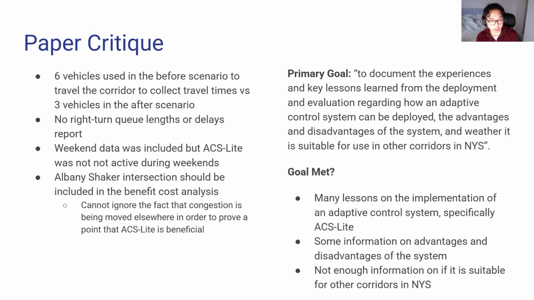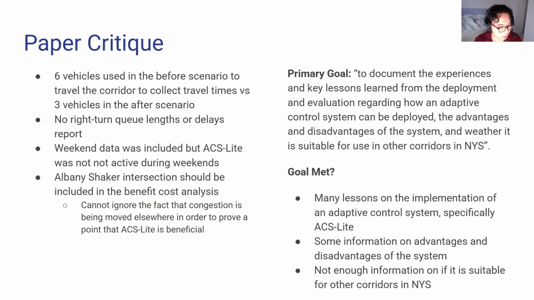And as someone that has collected travel time, I can say that especially when you're given an hour to do it, whether that be AM peak hour or PM peak hour, 6 vehicles compared to 3 is a big difference in terms of the amount of data that can be collected, especially for a long corridor where it takes a long time to travel from one side to the other. So, knowing that, either just use 3 vehicles in the before scenario, or find ways to use the same amount in both.